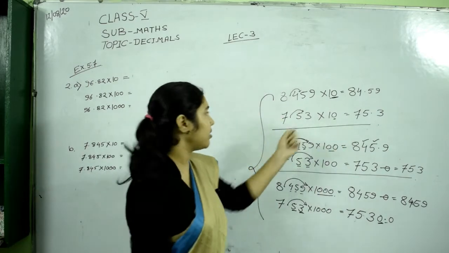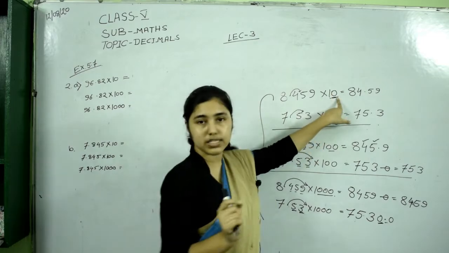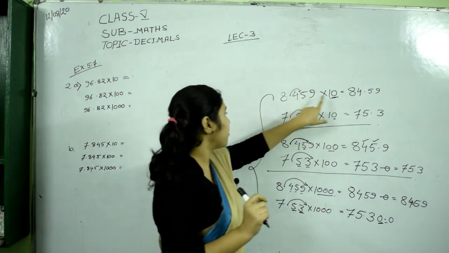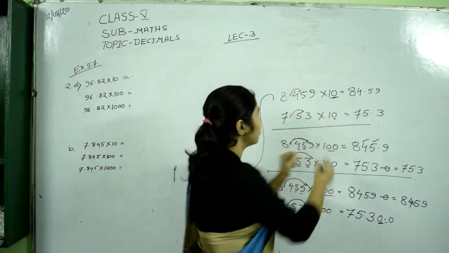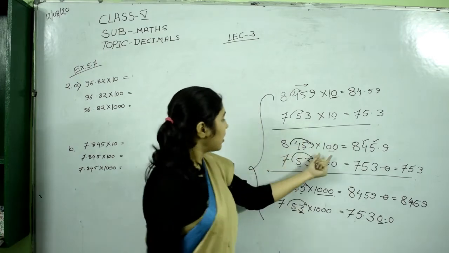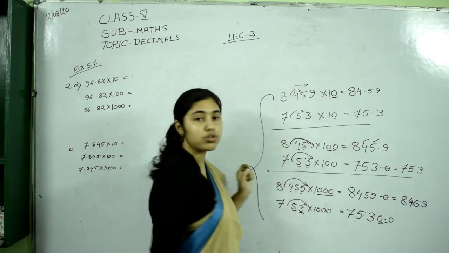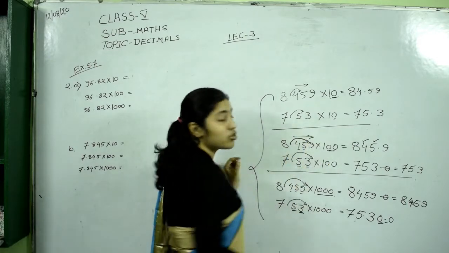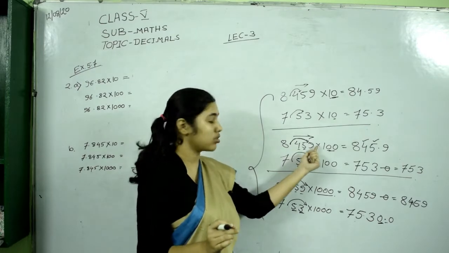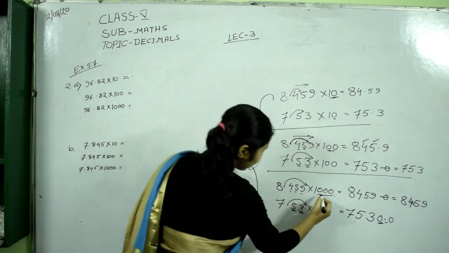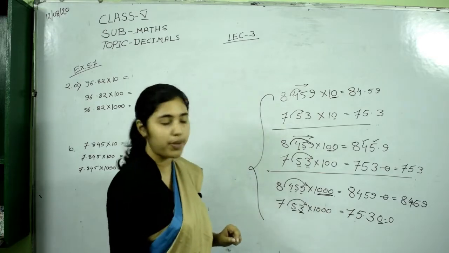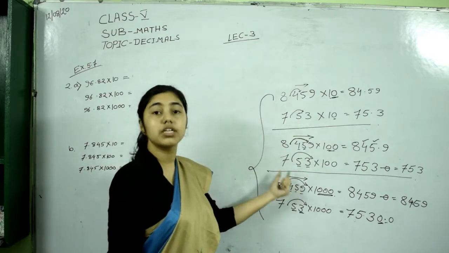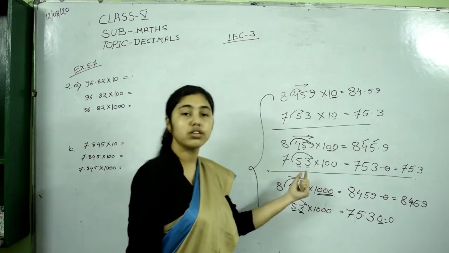If there is 1 zero followed by 1, then the decimal point shifts one place to the right. If we have 2 zeros followed by 1, then the point shifts 2 decimal places to the right. And here we have 3 zeros followed by 1, so the decimal point shifts 3 decimal places to the right.